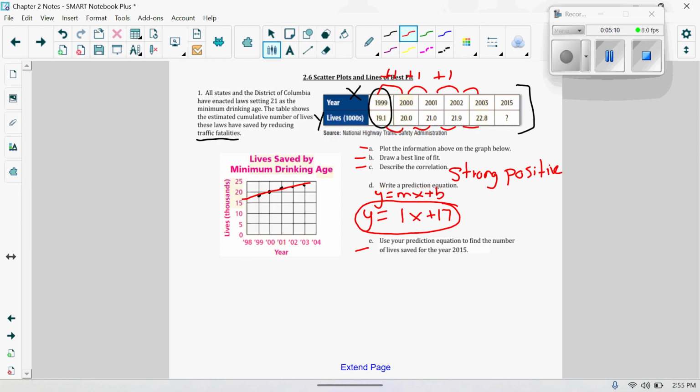We know that that's 17 years later, so I'm going to put 17 in for x, and we're multiplying that by 1. So 17 plus 17 gives us 34. So about 34,000 lives would be saved in 2015.